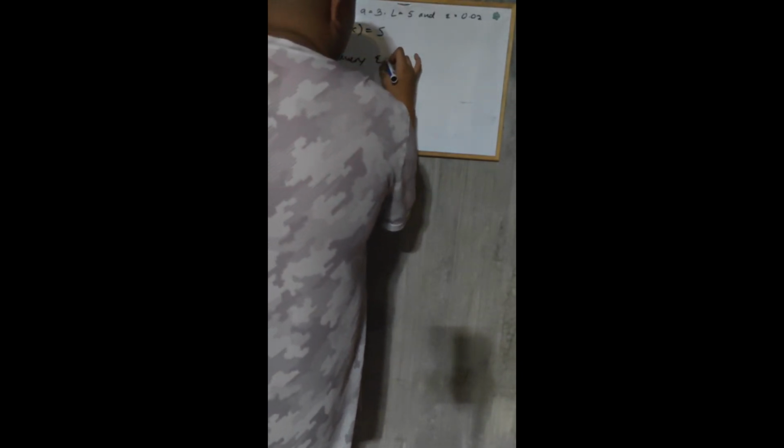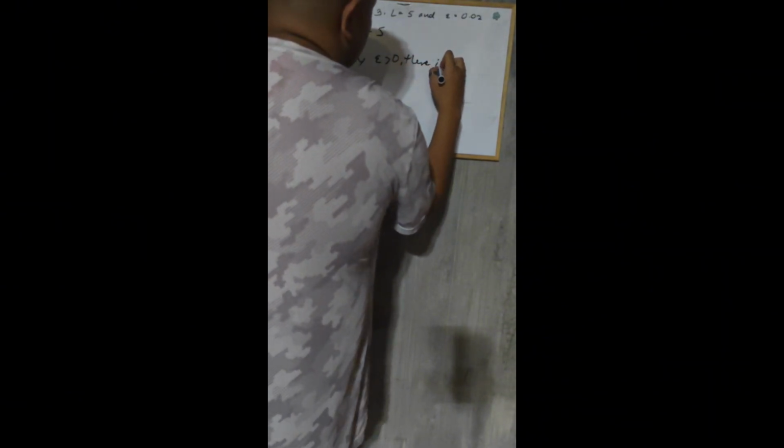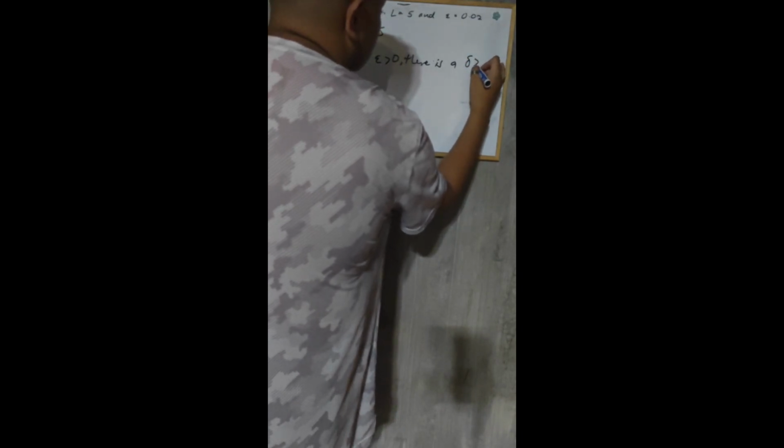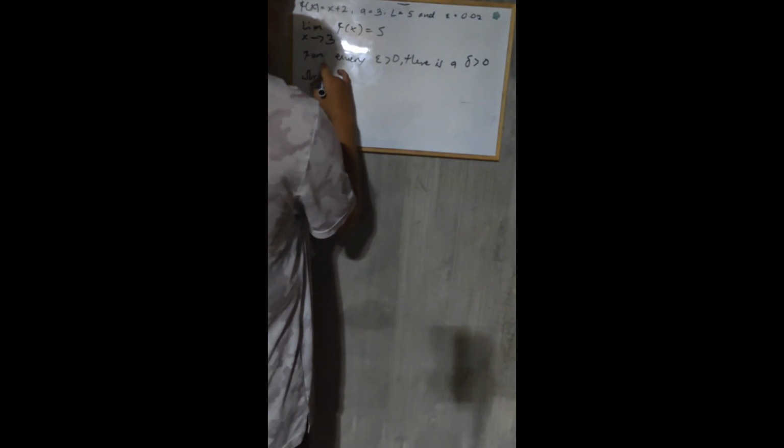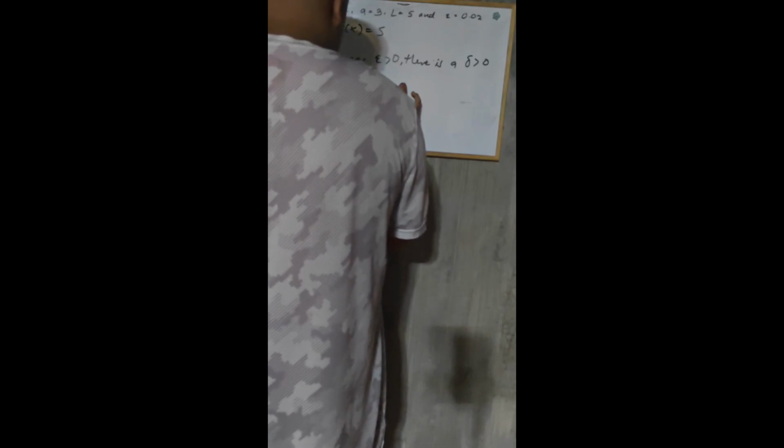So now let's say for every epsilon greater than 0, there is a delta greater than 0 such that if 0 is less than absolute value of x minus 3 is less than delta, then absolute value of f of x minus 5 is less than epsilon.